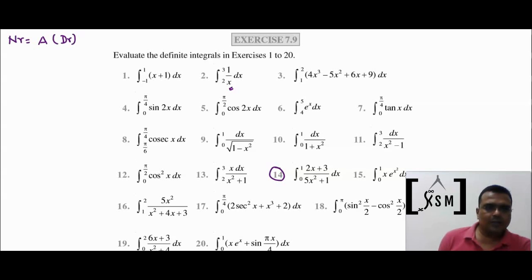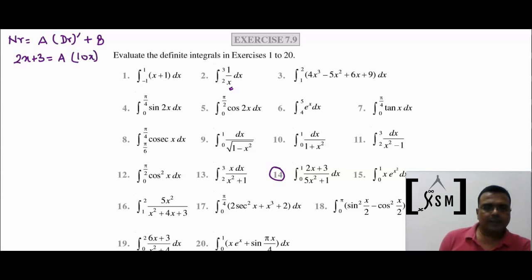A and b are the constants we will have to find. Okay, so that's what we are doing. I'm supposing 2x plus 3 as a multiplied by derivative of denominator, which is 10x, and plus b.